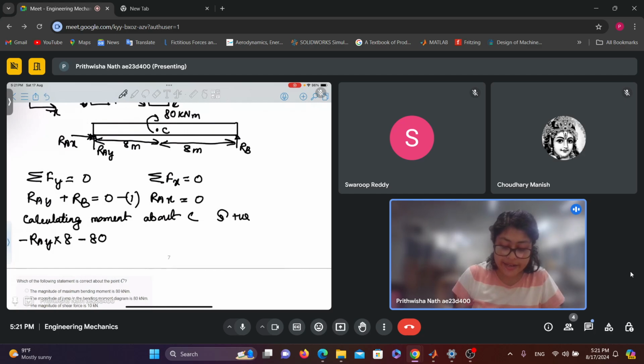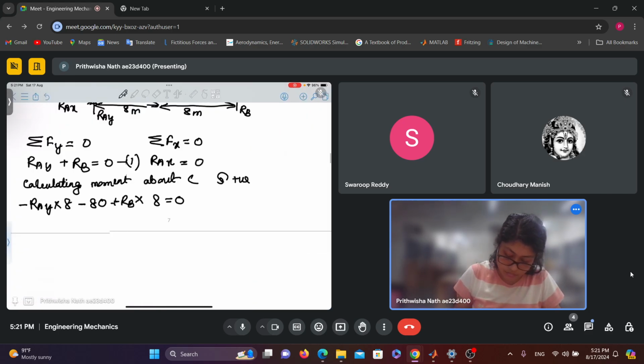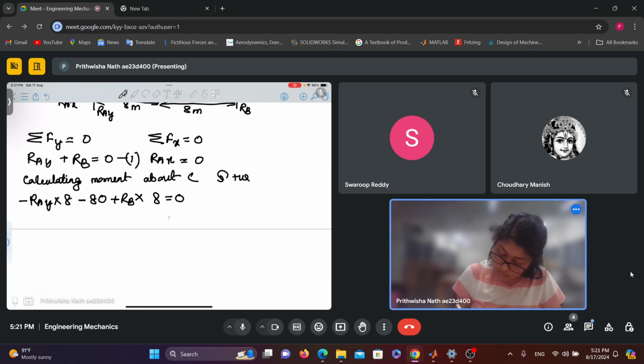RB is causing an anti-clockwise moment, so plus RB into 8 equals 0. Minus RAY plus RB equals 10. This is 2.